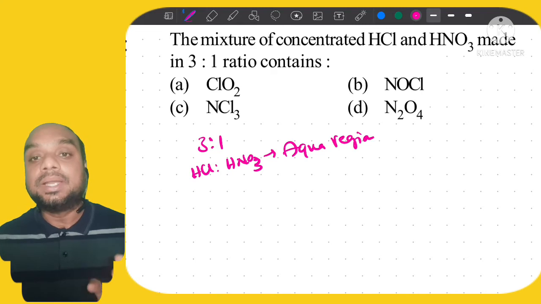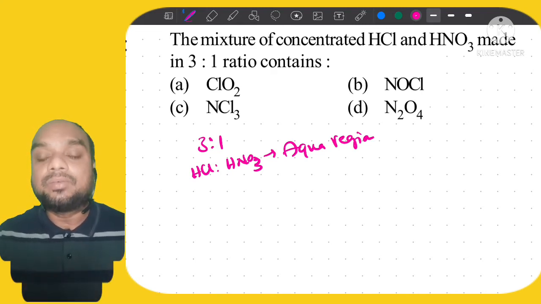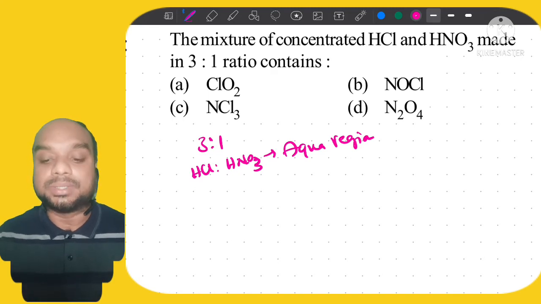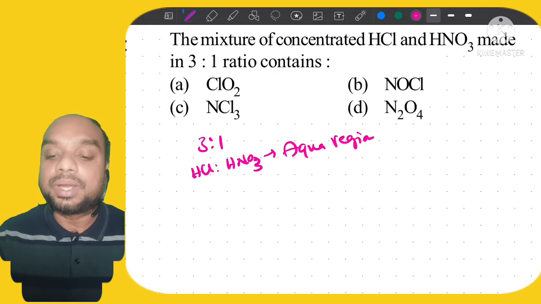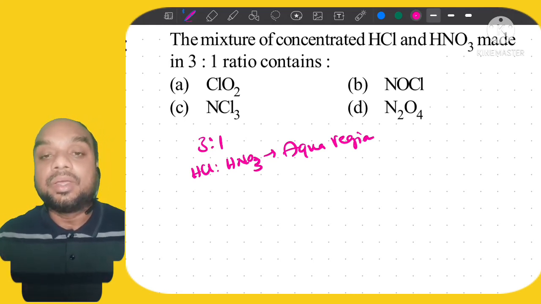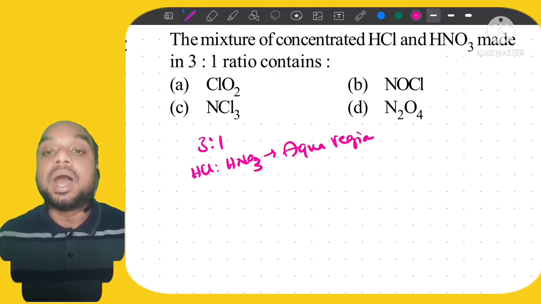Generally noble metals like gold and platinum won't react with any strong acids or strong bases. But with this mixture, a 3:1 ratio of HCl and HNO3, aqua regia, gold and platinum react and form auric acid and platinic acid.